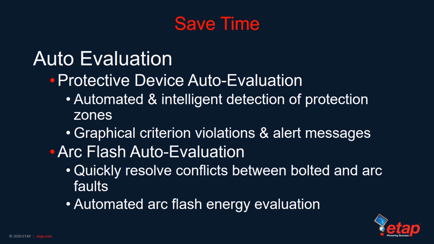You can easily identify false tripping and miscoordination, avoid mistakes, reduce laborious hours of reviews, and all this is standardized against industry rules and guidelines for system protection and coordination. Rule-based criteria help us quickly resolve conflicts between bolted and arcing faults. And Arc Flash Auto provides an automated evaluation against arc flash energy limits.